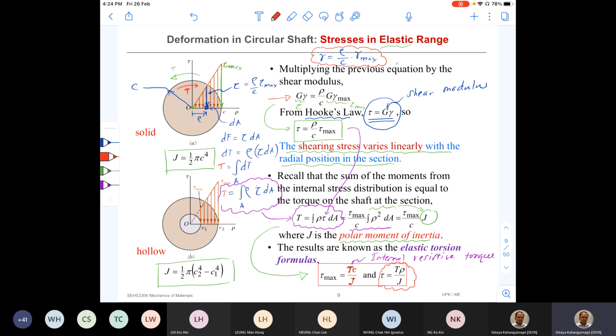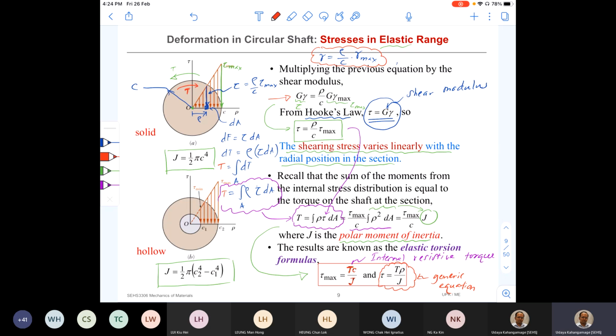I can say that this is the generic equation, and it is called the elastic torsion formula. A very important equation. So we have learned how to quantify the shear stress knowing the internal torque. If you know the internal torque, you can now find the maximum shear stress.